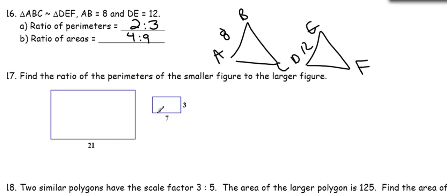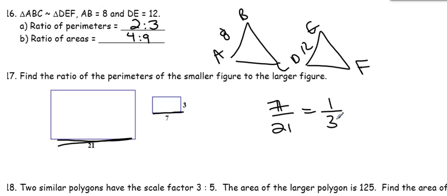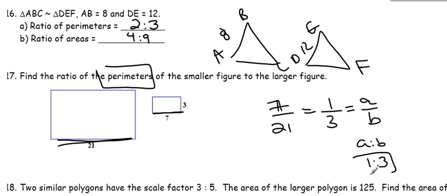So first we have to match a set of side lengths. So if we match 7 with 21, the ratio would be 1 to 3 once we reduce. And the ratio of the side lengths is a to b. So the ratio of the perimeters would also be a to b, which is 1 to 3.